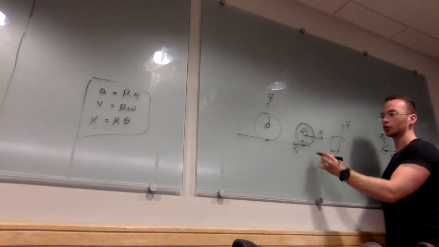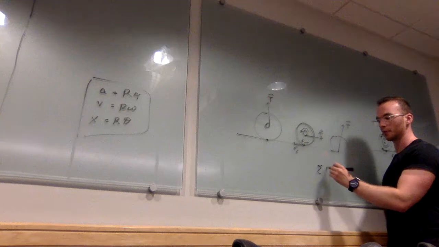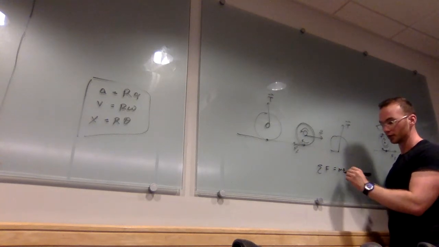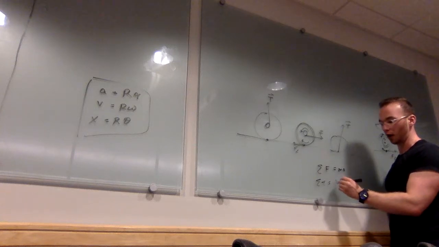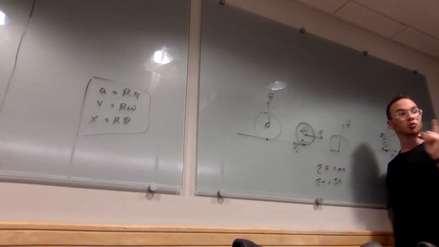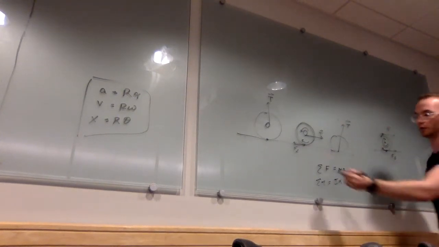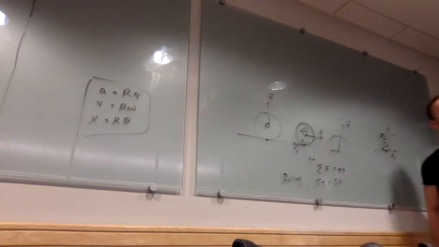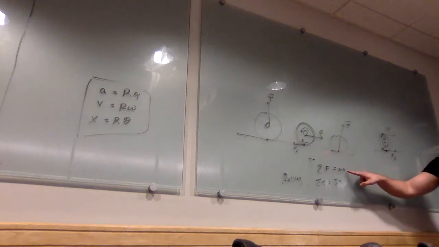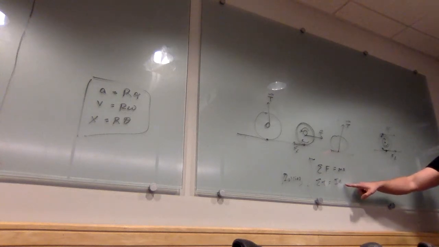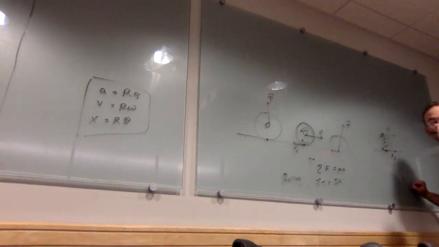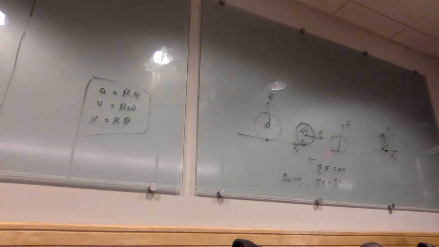It's true that the sum of the forces is ma for the center of mass, and the sum of the torques is I alpha. So rolling involves both of these: something moving and rotating. Rolling without slipping is the condition I was saying before, that a and alpha are related by the radius.